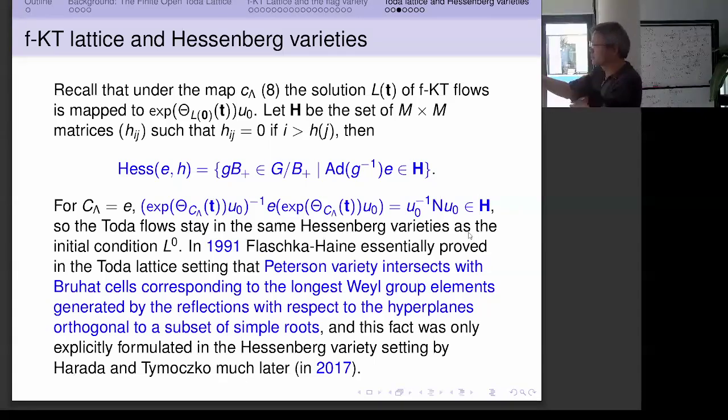So here we make a simple observation. If we just take our companion matrix to be E, that means we set the other sub-linear part to be 0.